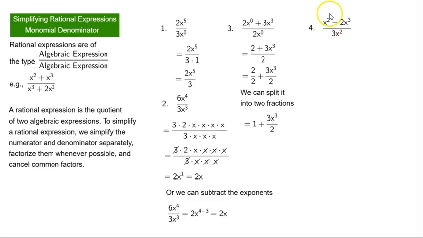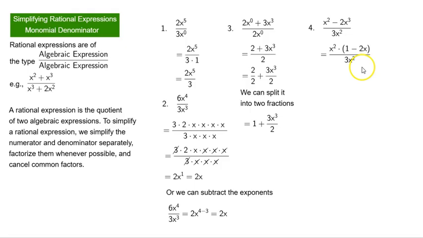A fourth one, x square minus 2x cubed divided by 3x square. So let's simplify, or factorize, the numerator. We get x square is common, so x square times 1 minus 2x, divided by 3x square.